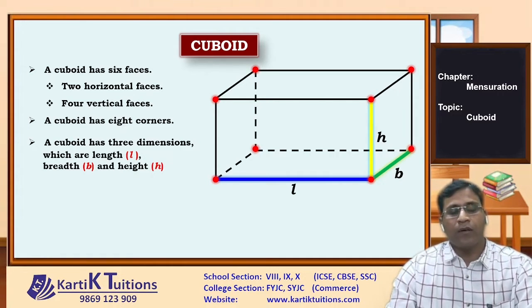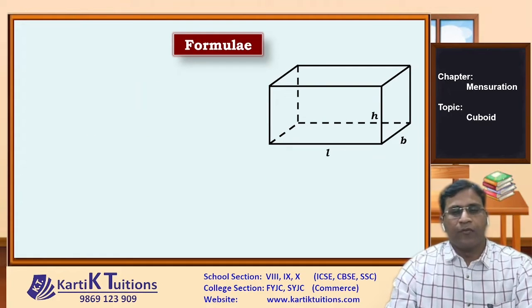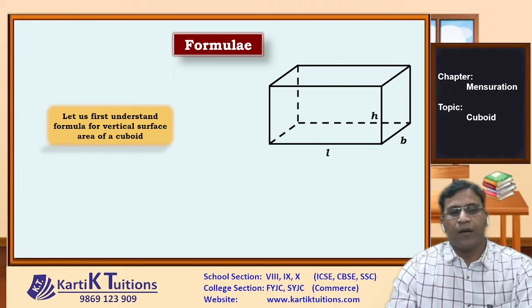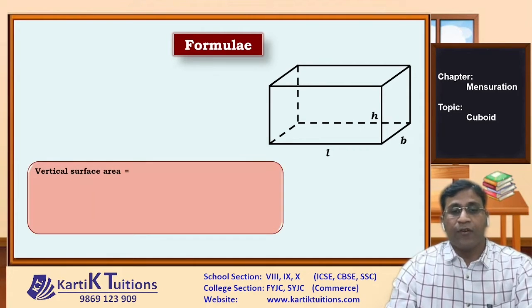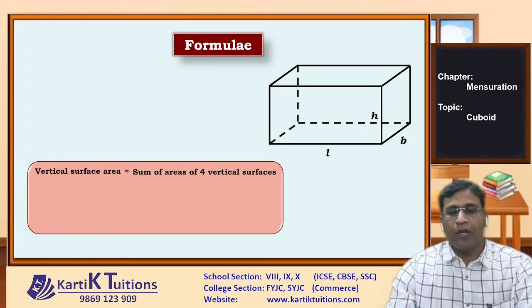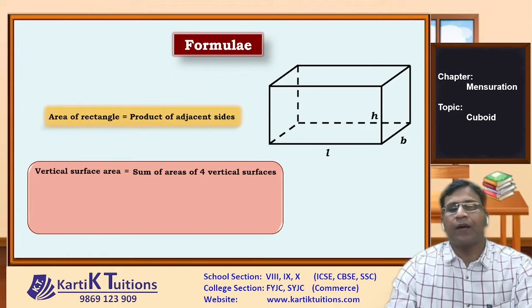Now let's have a look at the formulas. First we are going to talk about vertical surface area. Sir, what does that mean? See, how many vertical faces does it have? Four. So the sum of the area of four vertical surfaces will give us the vertical surface area. Now here, if you observe in cuboid, every face is a rectangle.